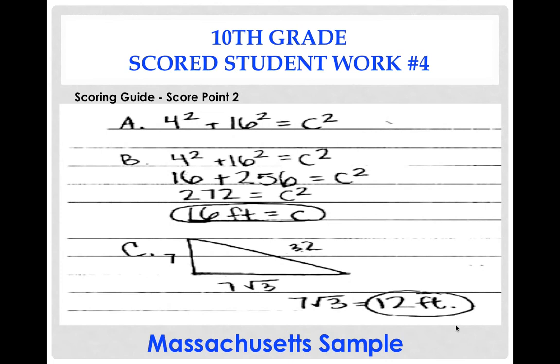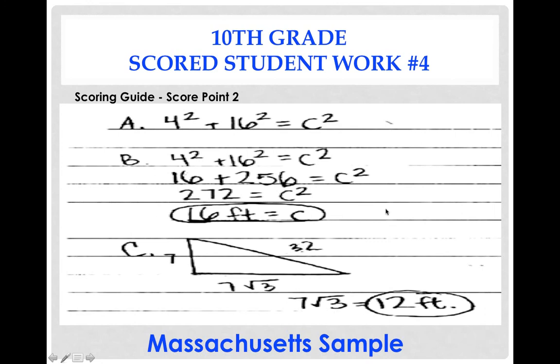Student number 4 scored a 2. For answer choice A, they have 4 squared plus 16 squared equals c squared, and that was their equation. They also went on to, for B, have 4 squared plus 16 squared equals c squared, and they came up with 16 feet for the second answer.